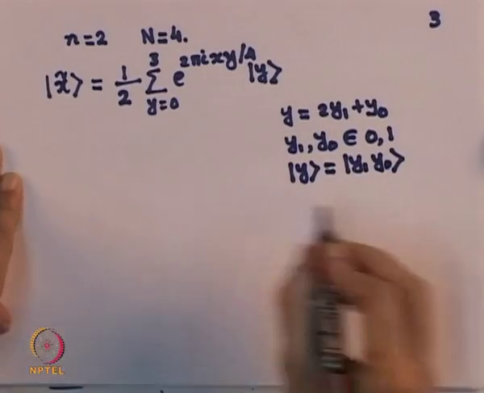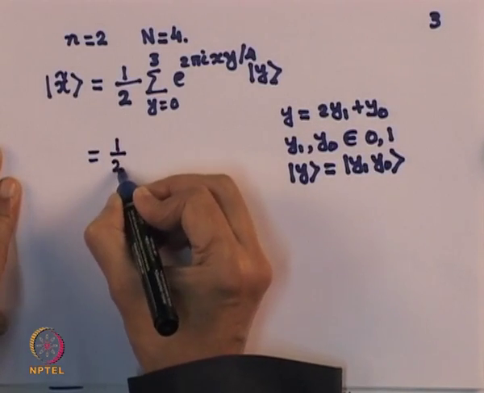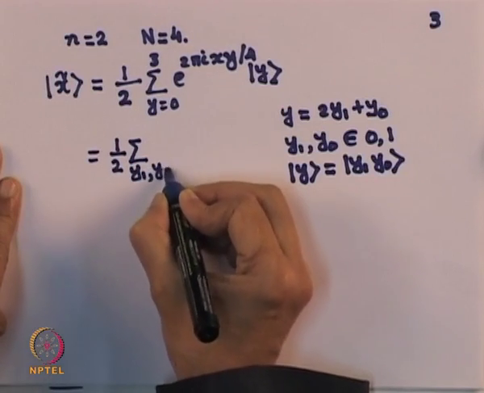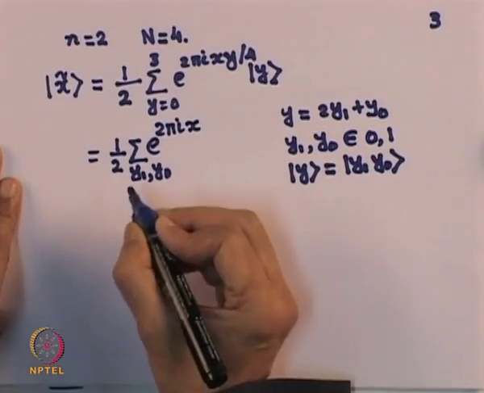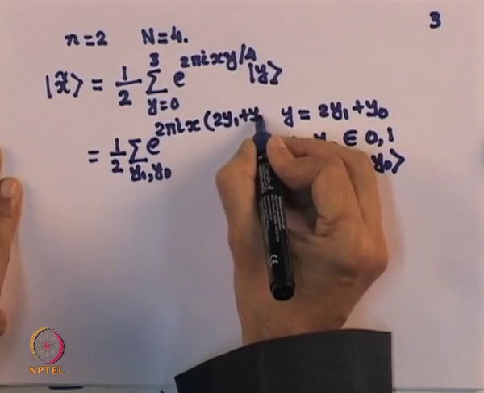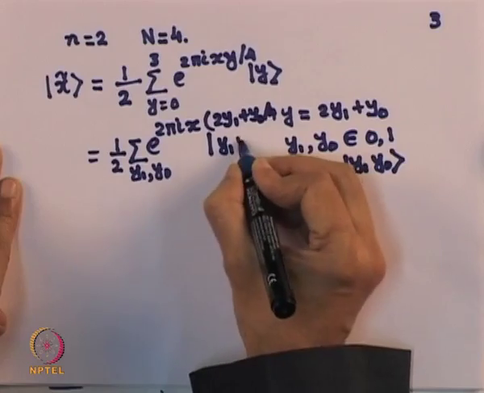So, let me write this as equal to 1 over 2 sum over y1 and y0, keeping x the way it is, e to the power 2 pi i x (2 y1 plus y0) by 4, and |y1 y0>.